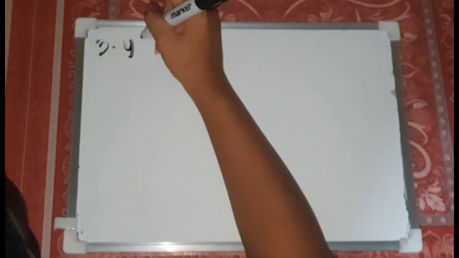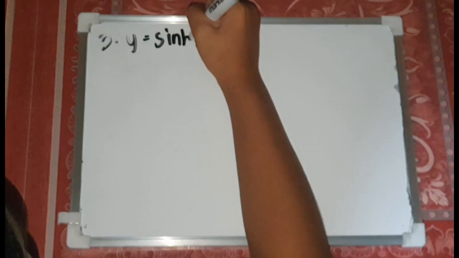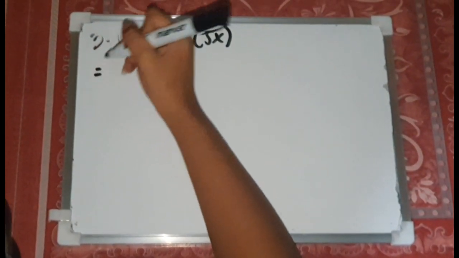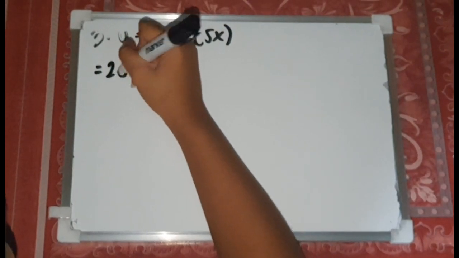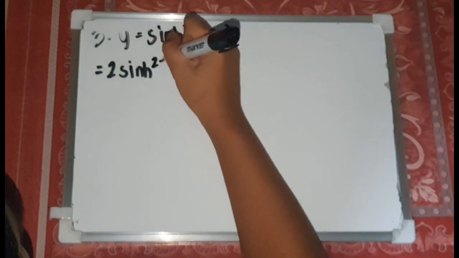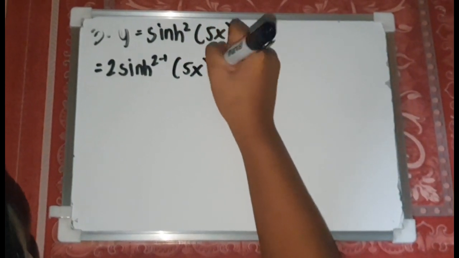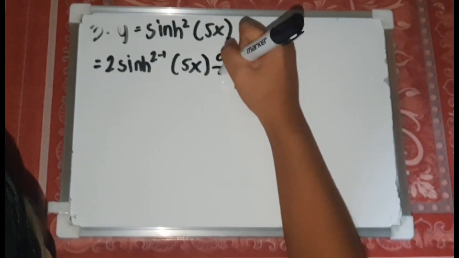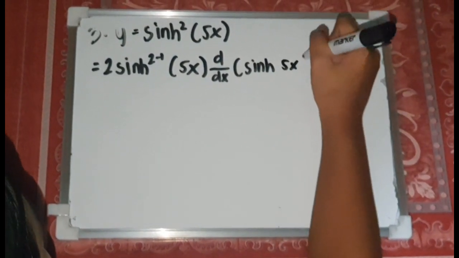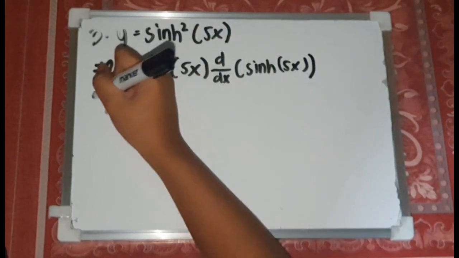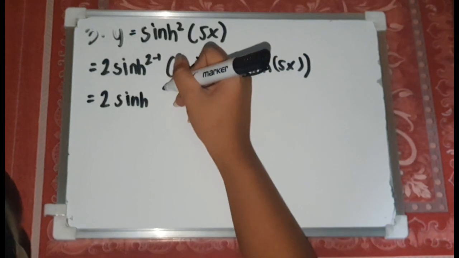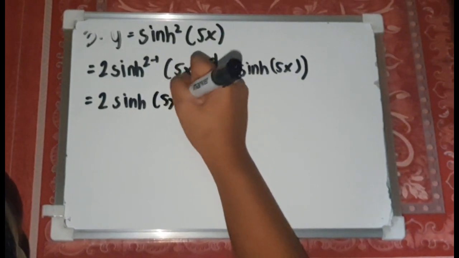Our third example is y is equal to hyperbolic sine squared 5x. First we're going to use the power rule on this one. So the power rule gives 2 hyperbolic sine, and then 2 minus 1, of 5x, and then the derivative of hyperbolic sine 5x. So y prime is equal to 2 hyperbolic sine, and 2 minus 1 is equal to 1, so copy 5x.